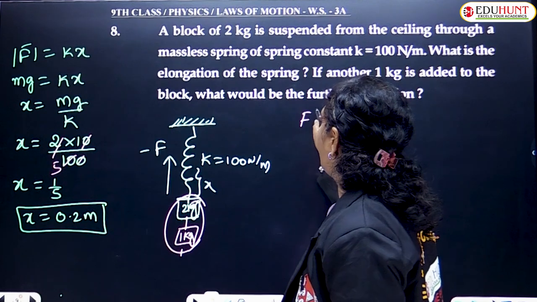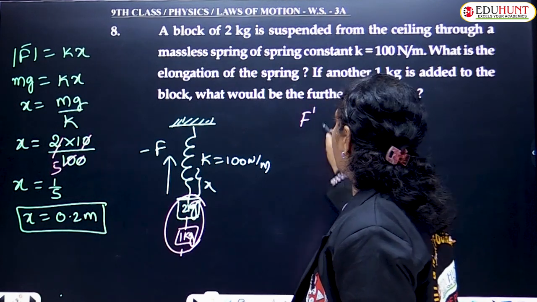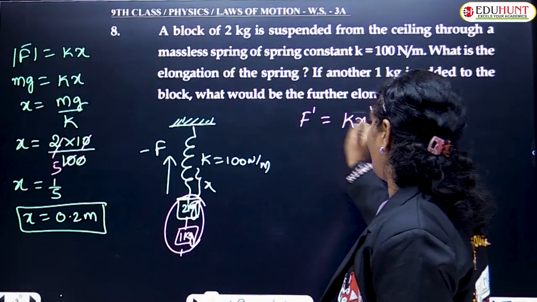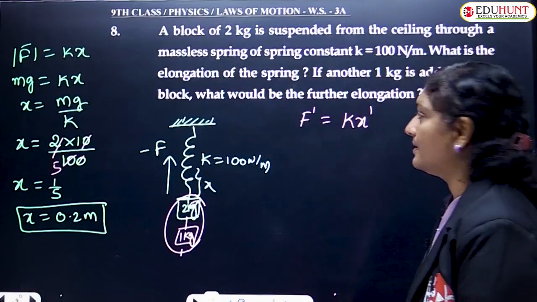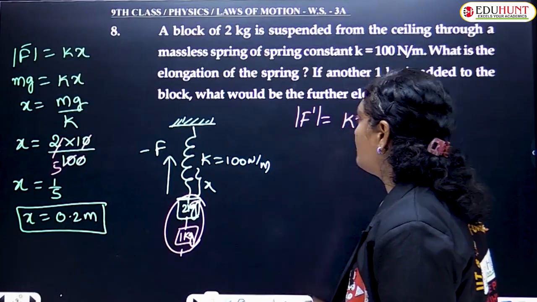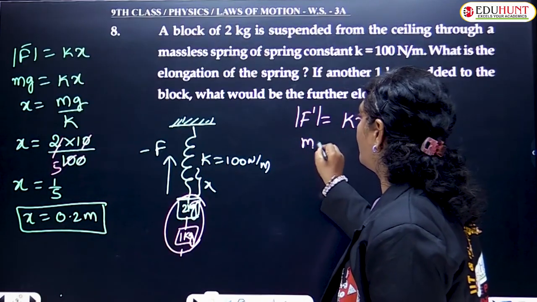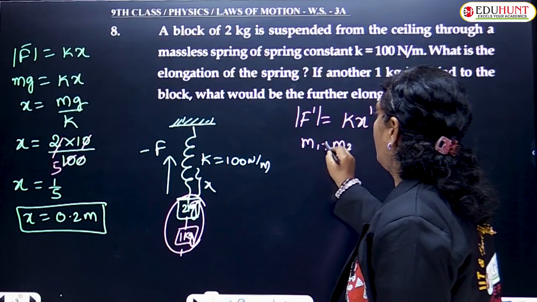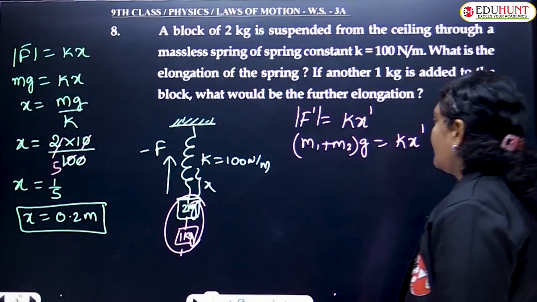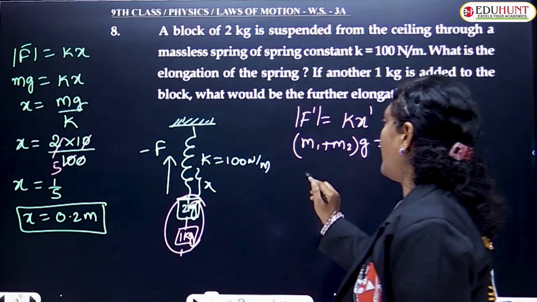So a new force will be created. Let me name it F dash, equal to k into, because of the extra force, extra elongation is being created. I'll take the magnitude of the force. What is the magnitude of the force? Two masses are attached now. m1 plus m2 into g is equal to k into that elongation. So what is the mass here?